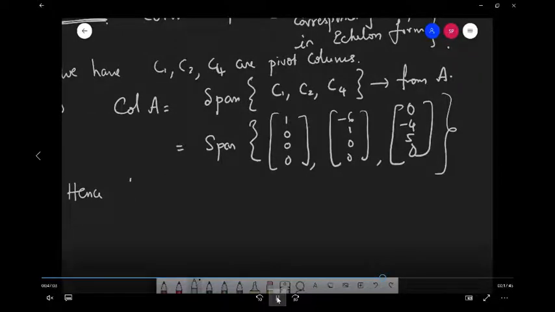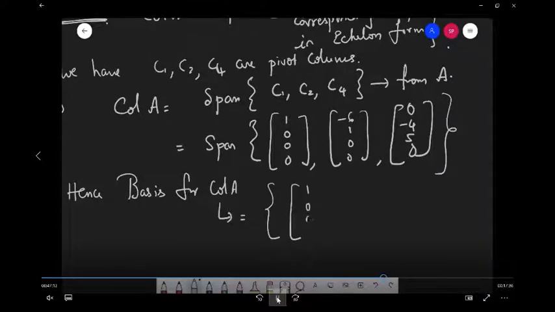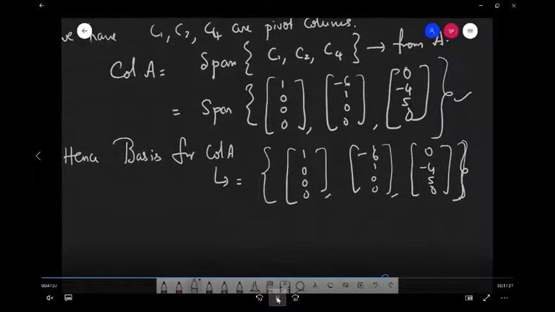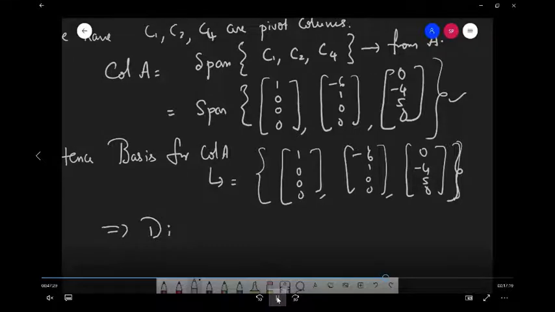A is already in echelon form. So what is the basis for column space A? The basis is the set containing the vectors 1 0 0 0, minus 6 2 0 0, and 0 minus 4 5 0. You have to remember there is a difference between the span of these three vectors and the set of these three vectors. The column space has infinite vectors, while the basis has only three vectors.